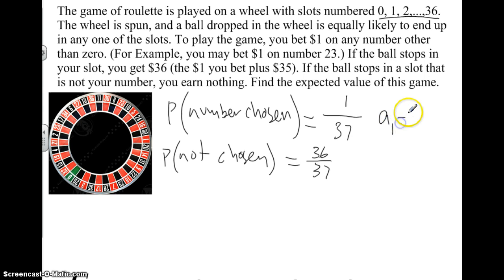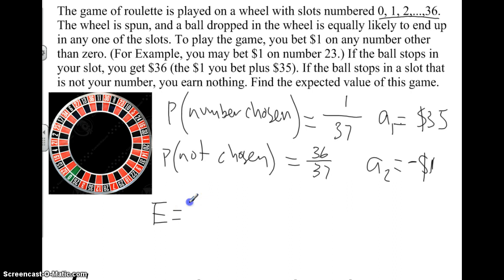Our payout for getting the number chosen, it says that we get $36, but again, we paid in $1 to play, so our net earning is going to be $35. And the payout for getting not chosen, we're not getting anything back, right? You win nothing, but because you paid in, it's going to be -$1. We set up our equation.